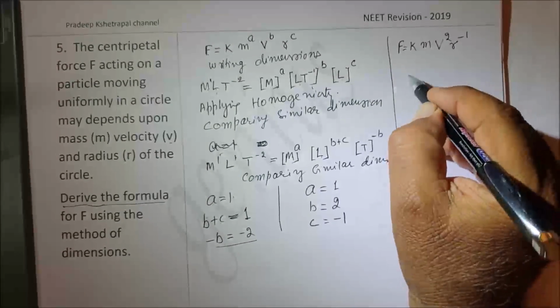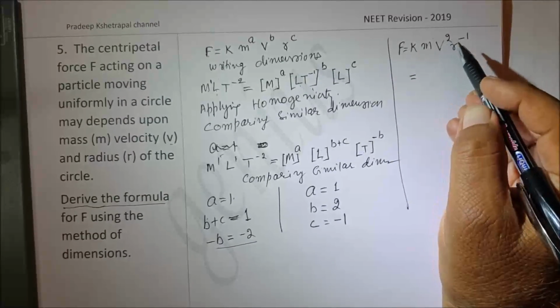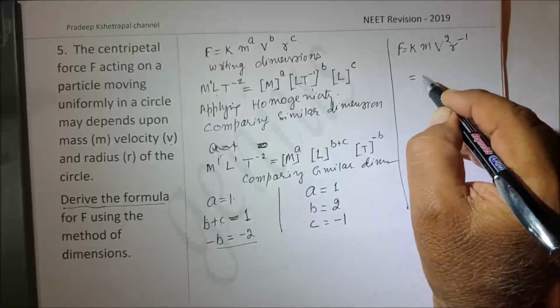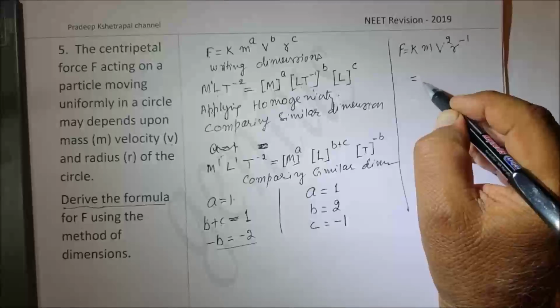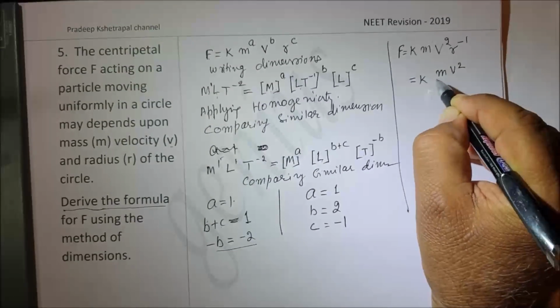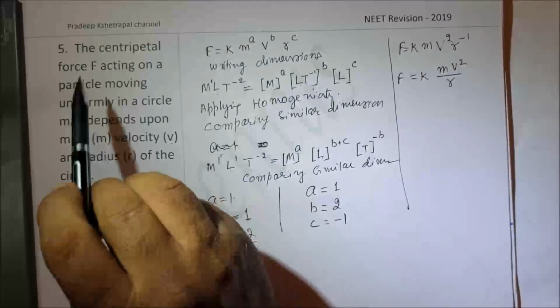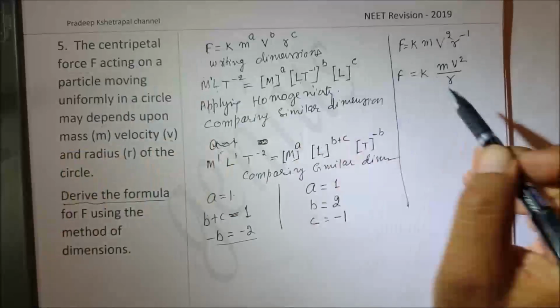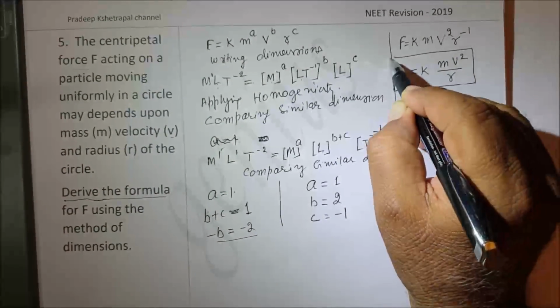Simplifying it, all the positive powers will be in the numerator and negative powers in the denominator, and there is no half, there is no square root. So we write it simply k mv square upon r. So this is our centripetal force F.